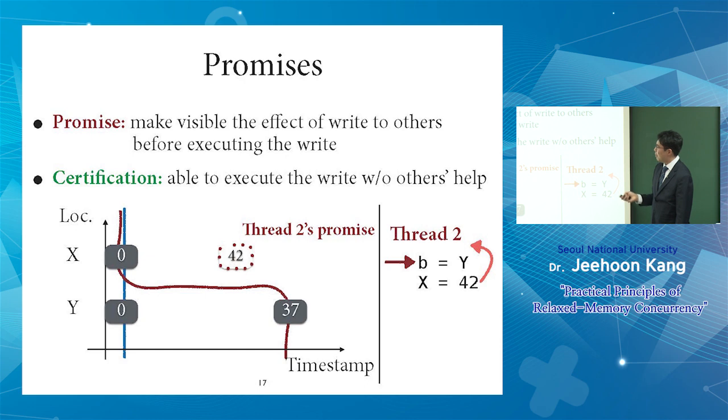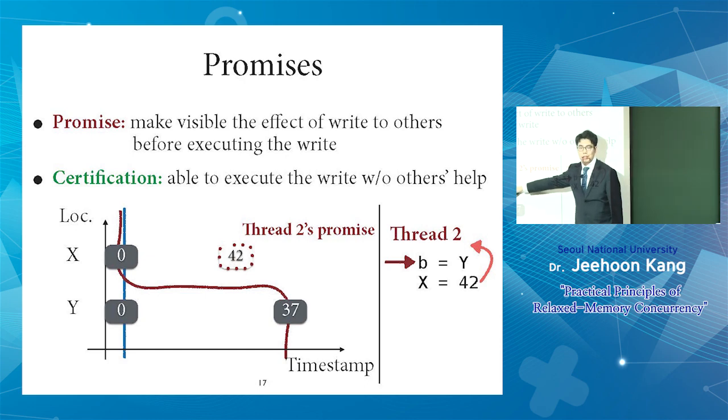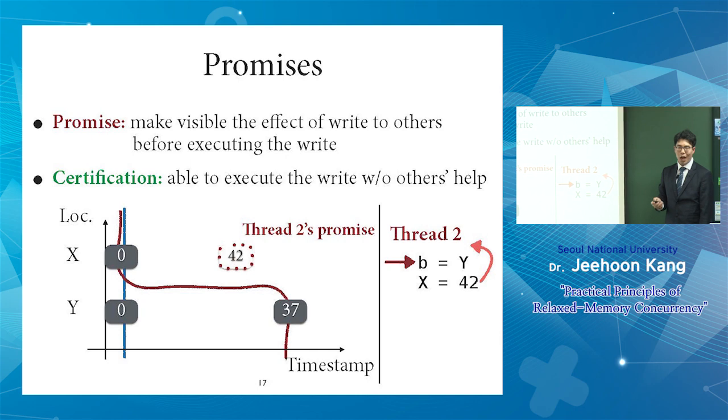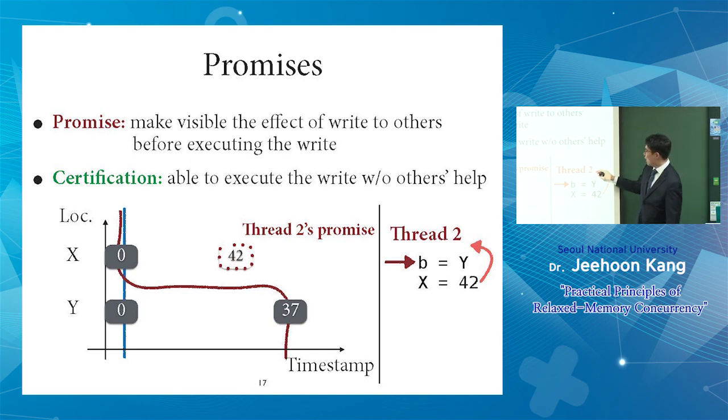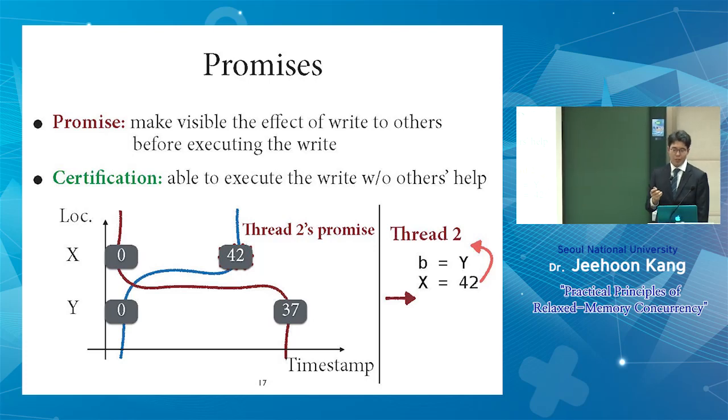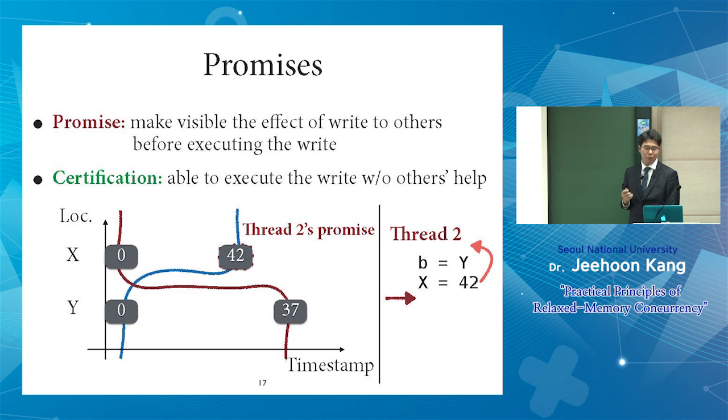Now, after promising to write this message, the other threads can read from this message, even before thread 1 has executed this store instruction. After that, thread 1 has to fulfill its promise to write 42 to x. So that's basically the reason why promise is modeling out-of-order store behavior.